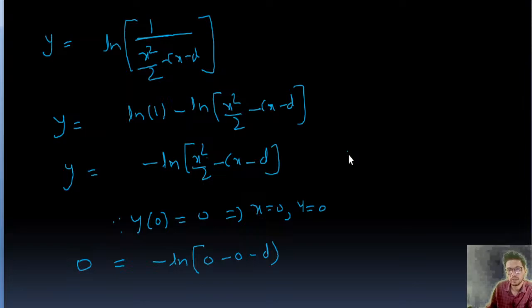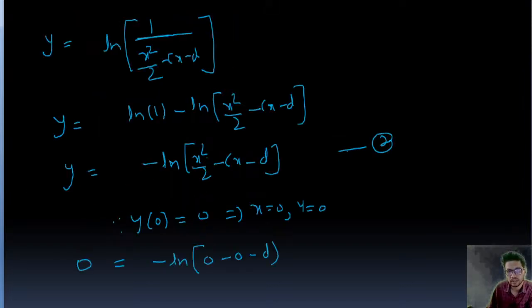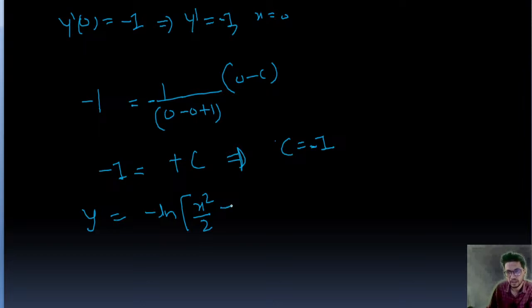So in this equation, suppose this equation is 2. In this equation we'll put, y is going to be minus ln x square by 2 minus cx. The c value is minus, minus, minus plus, right?